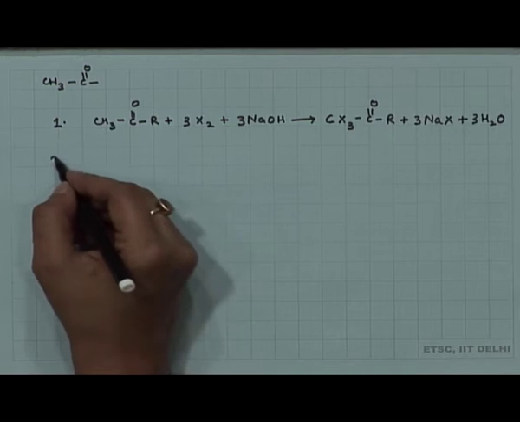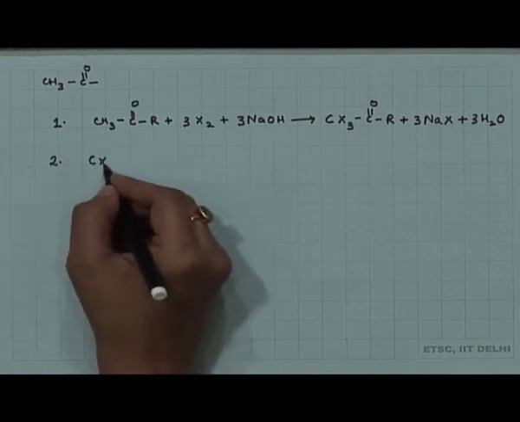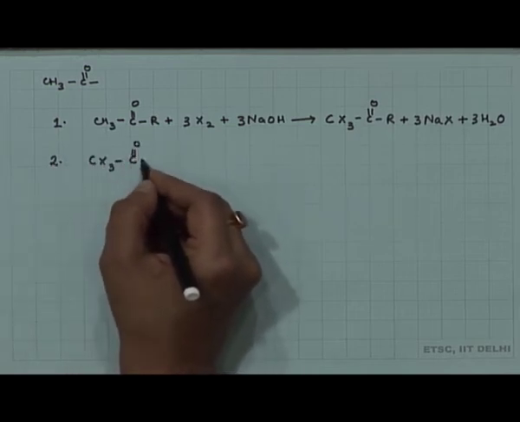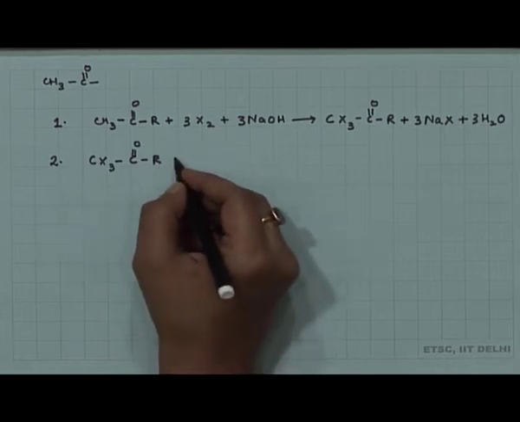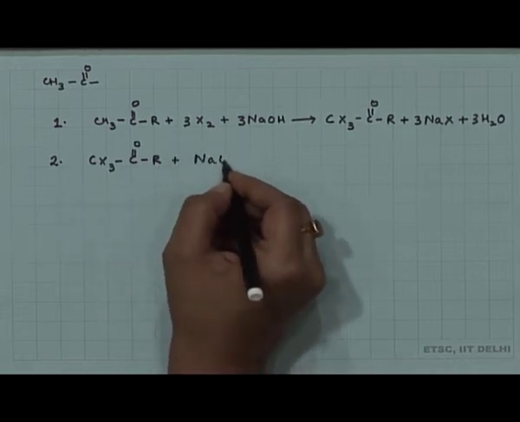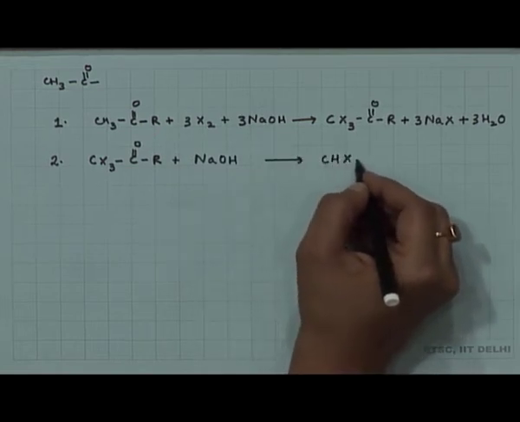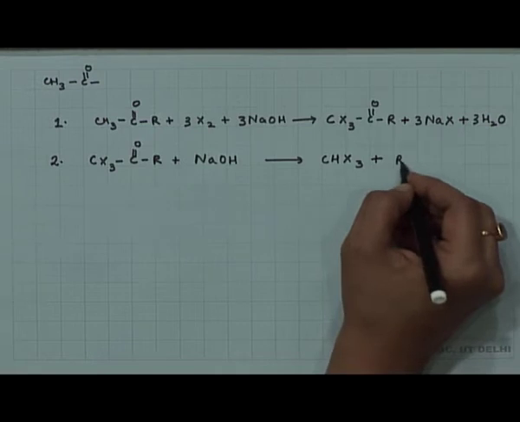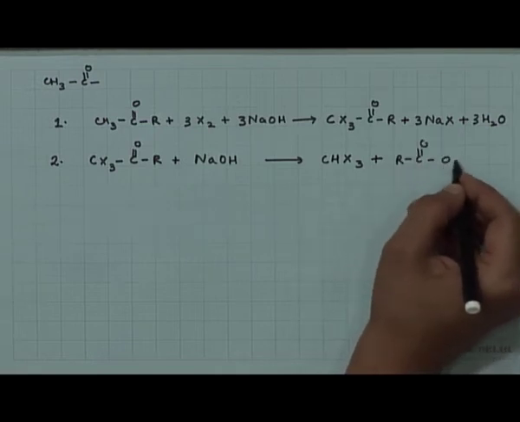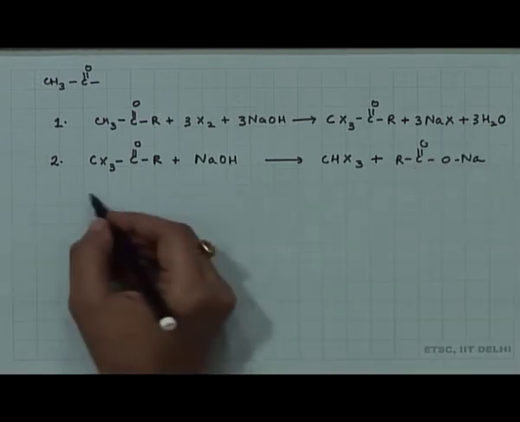The second step is the same, which is the hydrolysis of the halogenated ketone, and you treat it with NaOH, again 1 mole, and you get your haloform along with formation of sodium salt of the corresponding acid.